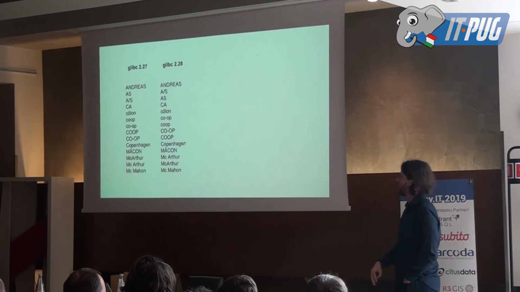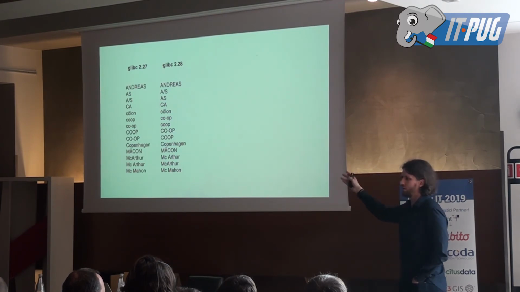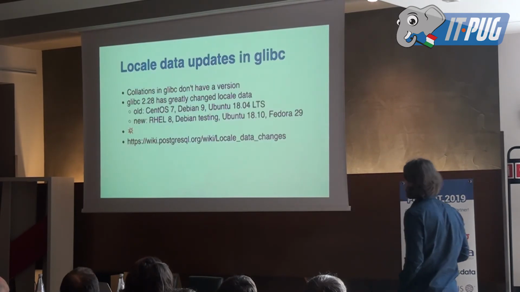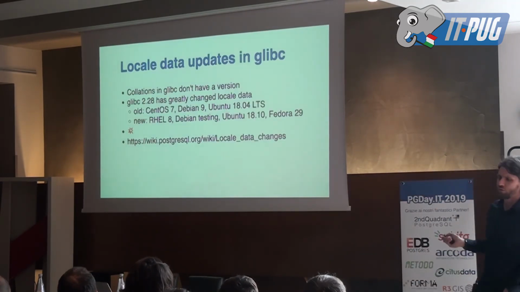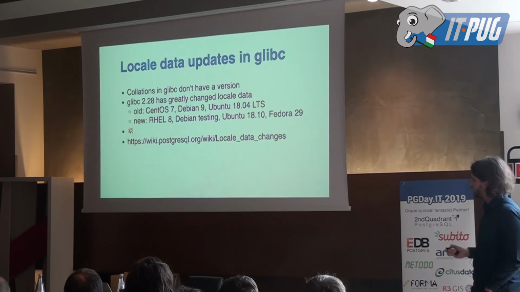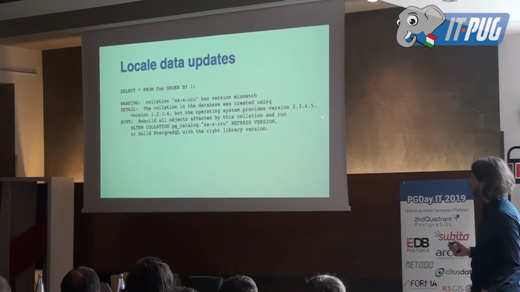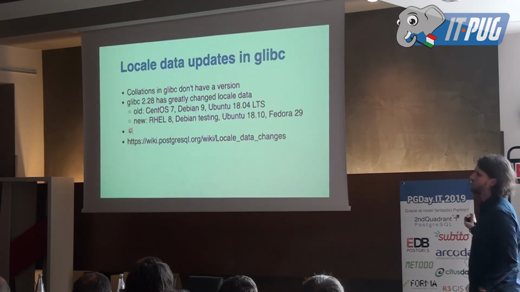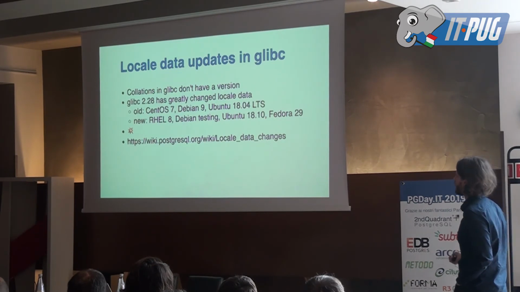People don't notice it. But we're expecting now, later this year, next year, over the next year or so, when people upgrade, it's going to break for everybody, unfortunately. And glibc collations don't have a version, right? In the ICU, they give you a version and say, okay, there's a problem because the version changed. glibc doesn't have a version, so there's no way to detect this, other than by paying attention to when you do your operating system upgrades.